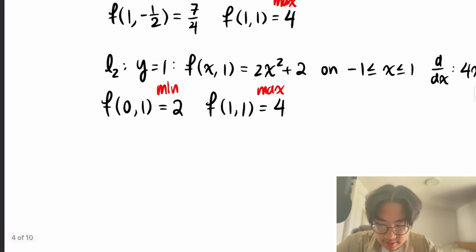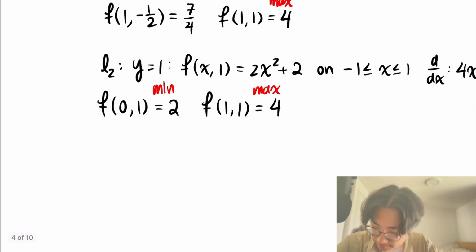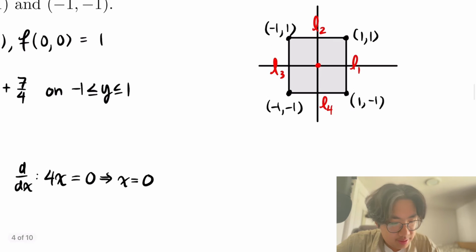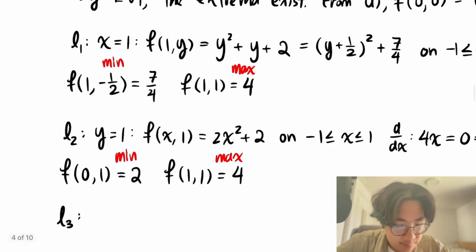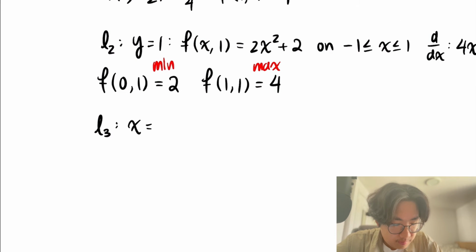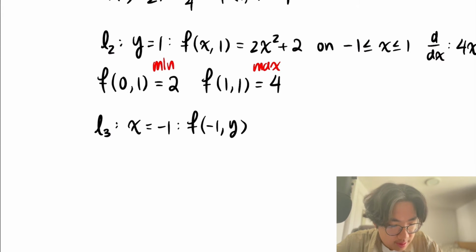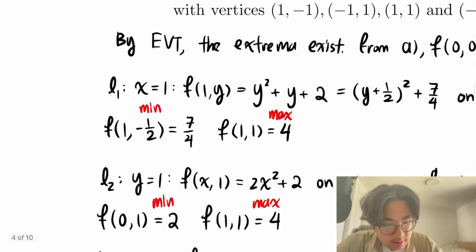Okay, and then let's go to L3. For L3, we have x is equal to -1 now, meaning you have f of -1 comma y. Let's see what that's equal to.